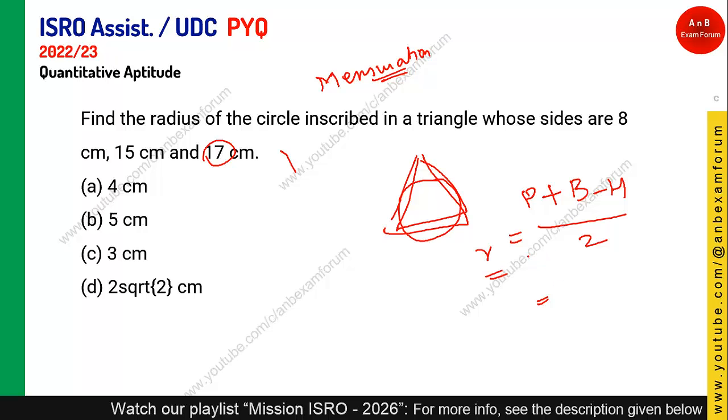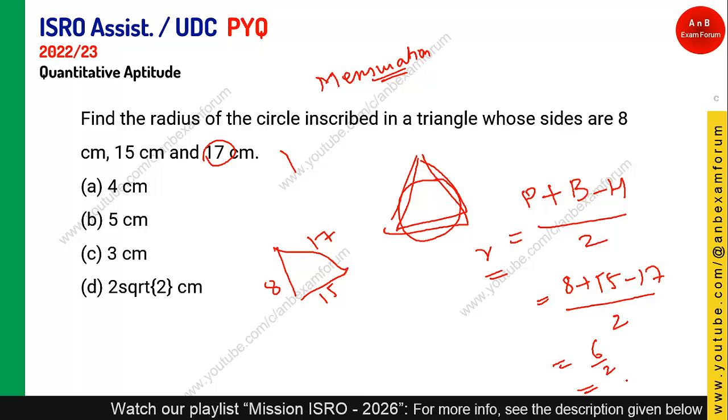The highest side will be the hypotenuse, 17, and perpendicular you can take as anything, 15 or 8. So 8 plus 15 minus 17, divided by 2, becomes 6 by 2, which is 3 centimeter. So option C is the right answer.